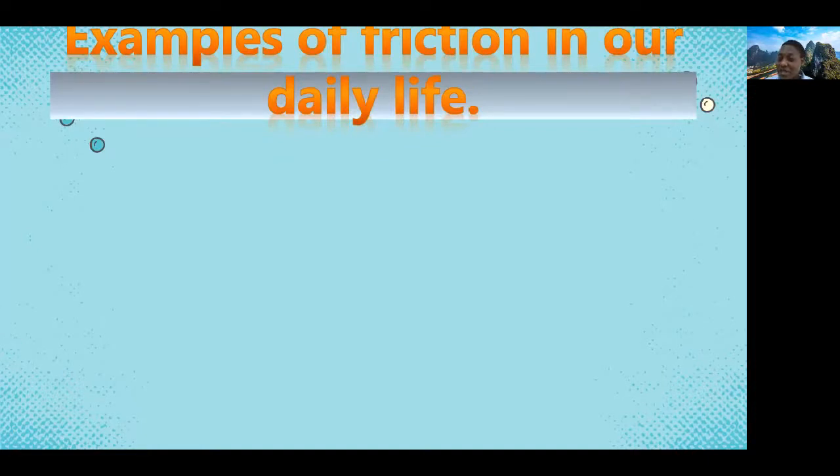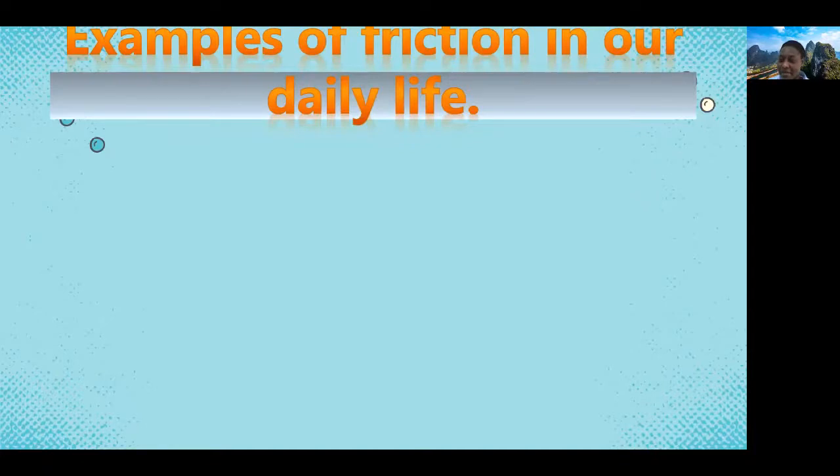We are experiencing friction in one way or the other. So we are going to look at some good examples of where we can apply friction in our daily lives.